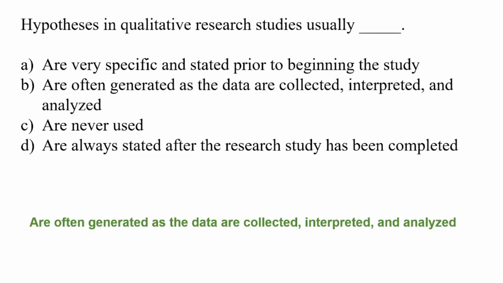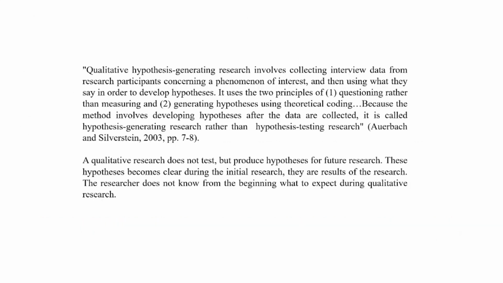There's no hard and fast rule that you have to start with a hypothesis and end your work with the same hypothesis. As you keep on collecting data, you see different kinds of results, and the hypothesis might also change based on that. You cannot have a very hardcore objective in your first year and end your fifth year with the same objective. You can, it's nothing like you can't, but in some instances you can also modify or tweak your hypothesis a little bit based on the preliminary results that you're getting. So this answer will be option B.